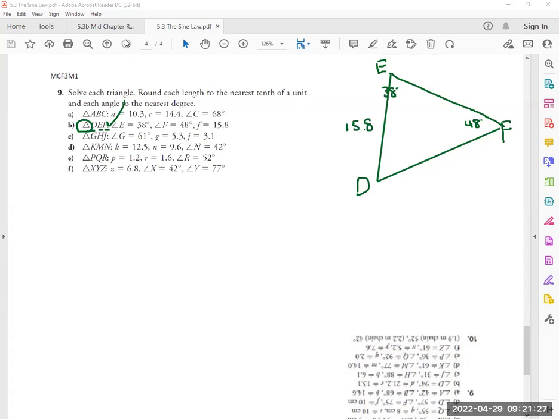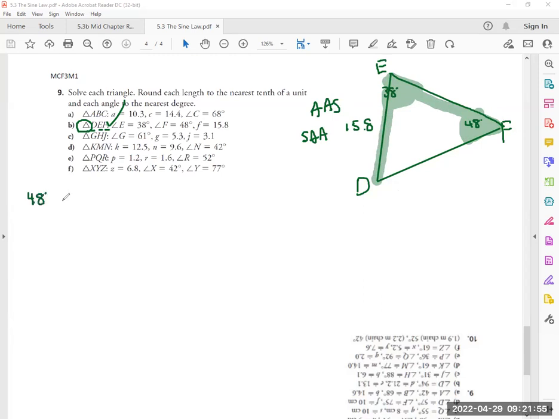If you don't know how to do that, I need you to practice a little more, especially in number 9, so that you understand. Without lifting a finger, here's an angle, and then another angle, and then a side. We have AAS, or of course SAA, either way. That is one of the acronyms for sine law. So let's do it.